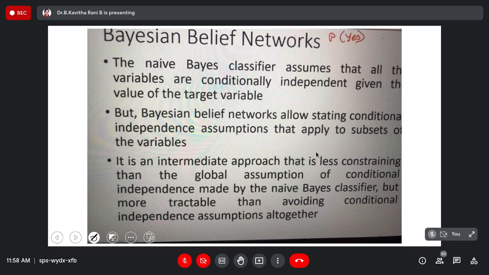In that way we assume it in Bayesian belief networks. So one variable has dependence on another. If one variable is occurring, it increases the probability of the other variable occurring also. So the probability of one variable increases or decreases the probability of the other variable. This is called conditionally dependent.